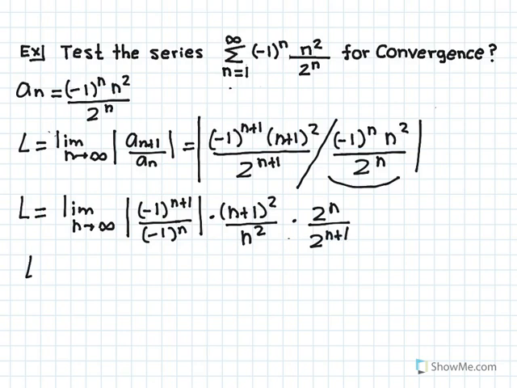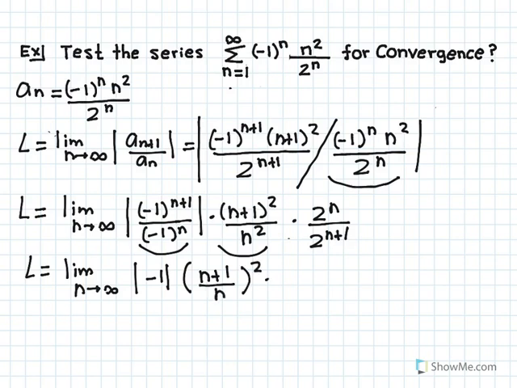Alright, so we get L is equal to the limit as n approaches infinity. Subtracting off the exponents, we get negative 1 to the power of n plus 1 minus n, so we just get negative 1, times, simplifying this part, n plus 1 divided by n, all squared, and this part reduces to 1 divided by 2 to the n plus 1 minus n; the n's cancel out, we get 1/2.